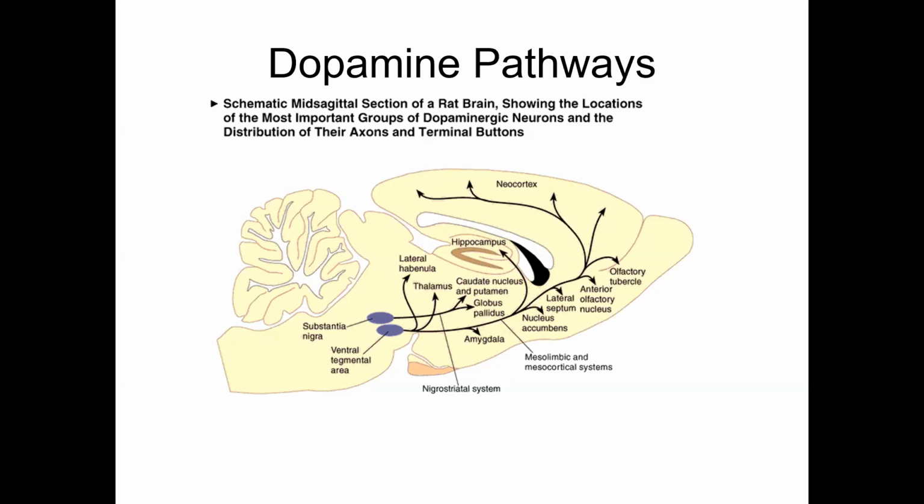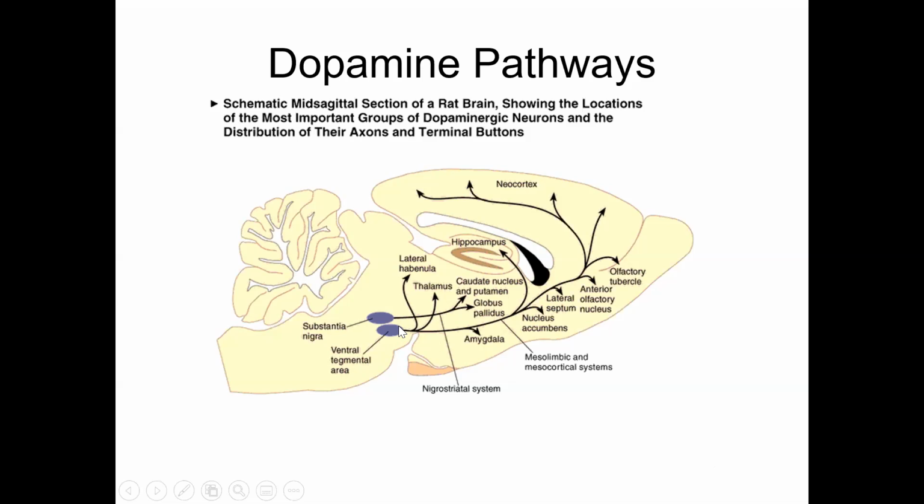Then what we have is the A10 cell group. The A10 cell group originates in the ventral tegmental area. Remember that the number of dopaminergic neurons that are found in either the substantia nigra or the ventral tegmental area are about 50% of the total number of these projecting neurons. So what does this pathway do?